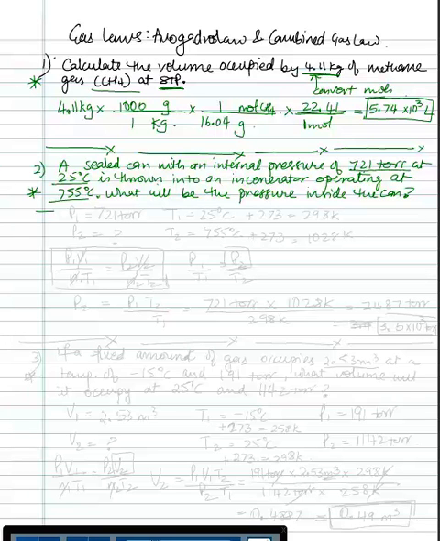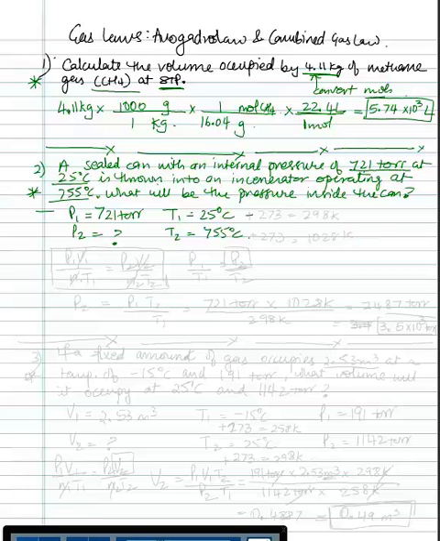So the internal pressure, which means P1, is equal to 721 torr, and T1 is 25 degrees Celsius. It's thrown into an incinerator operating at 755 degrees Celsius, which means the new temperature, T2, is 755 degrees Celsius, and we're asked for the pressure at that temperature.